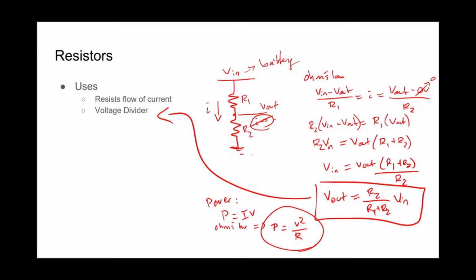You would have to use a voltage divider to drop that voltage down evenly. So it's a linear relationship, right? Because R2 over R1 plus R2 is linear. And then we would be able to use that to drop 9 volts down into something that you can measure with a 5-volt analog input.